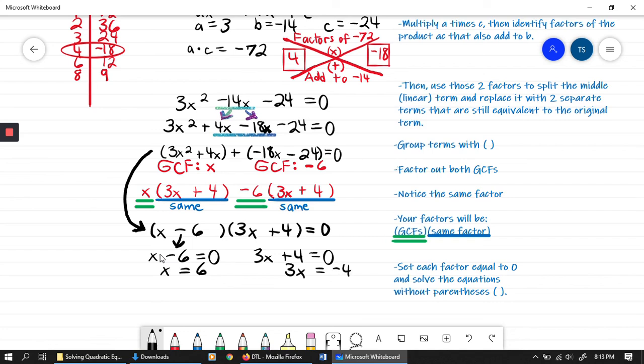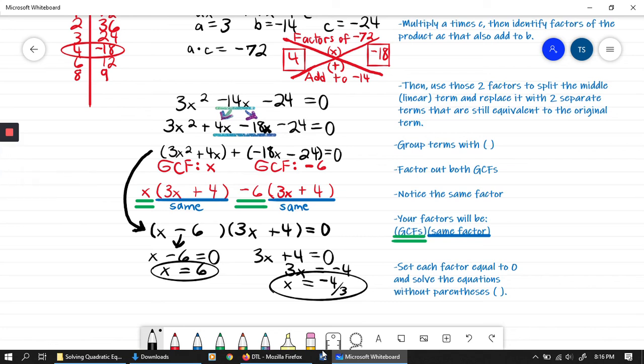Then if we divide by 3 on both sides, we're left with negative 4/3. So these are your two answers, and that's pretty much it.